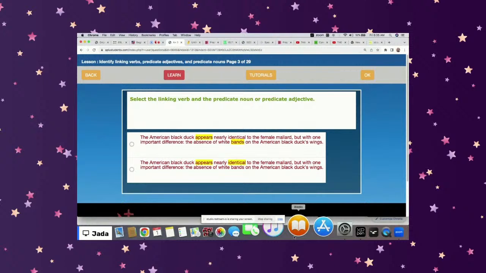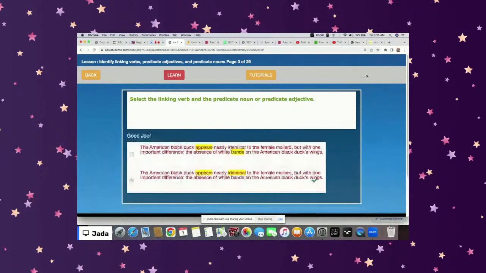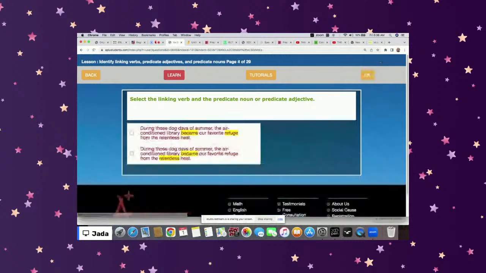Second, appears, and then identical. Okay. Now for the next one, what's your answer here? Predicate noun or predicate adjective? This was in our tutorials. It was became and refuge.